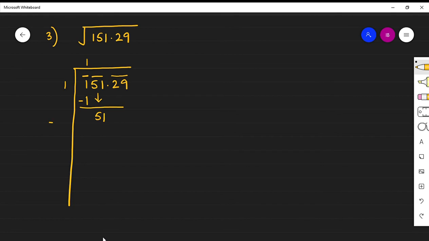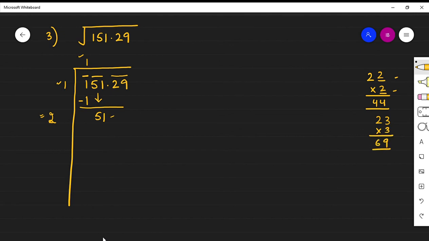What will come here? 1 plus 1, 2. This one and this one will be added to give 2 over here. Now, what digit will we multiply it with? Let's try with 2. It is 44. If I do with 3, it will be 69, which will be bigger than 51.